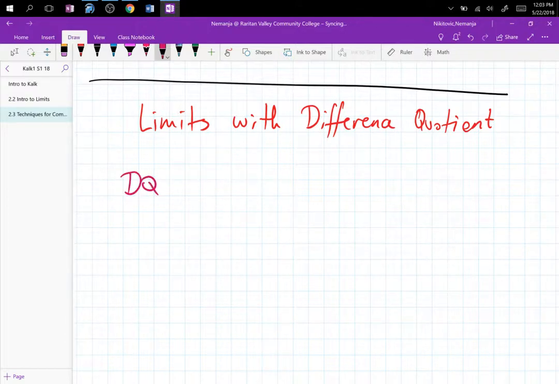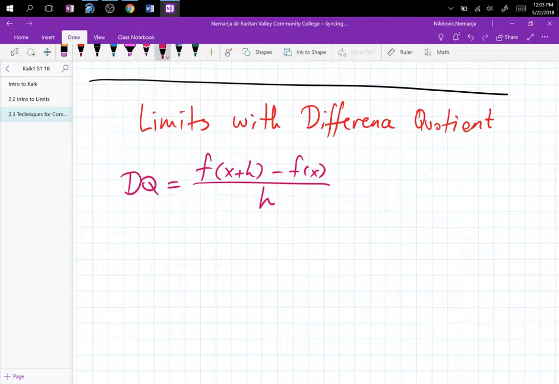DQ stands for difference quotient, not Dairy Queen, at least in calculus course. So f of x plus h minus f of x divided by h. That's the difference quotient that you learned.